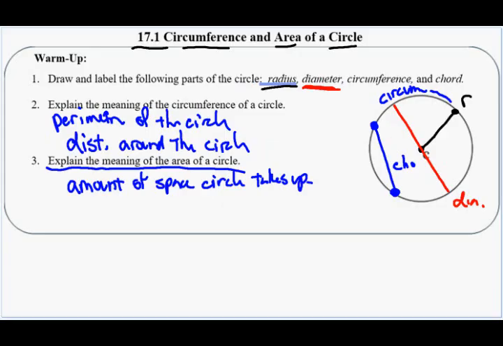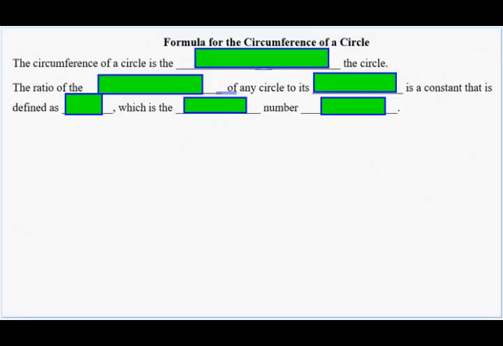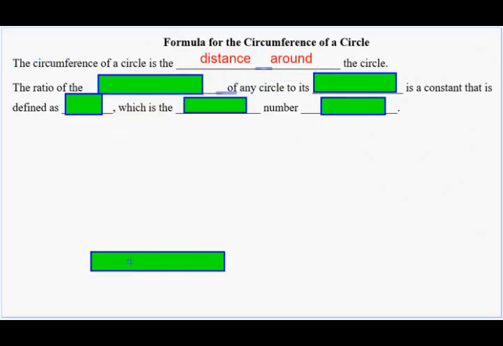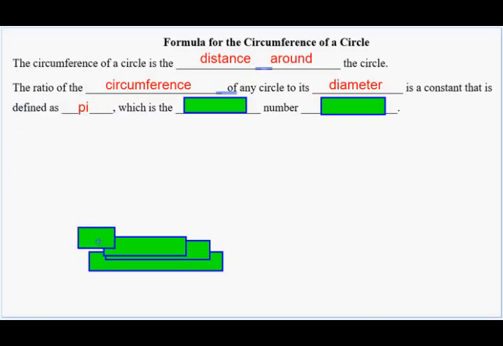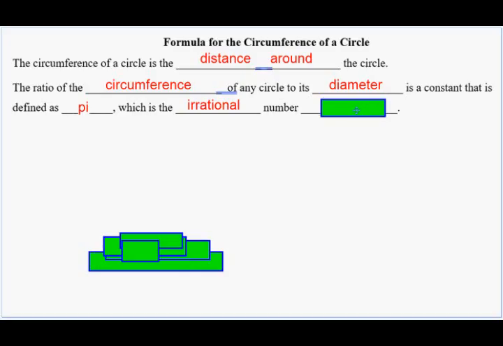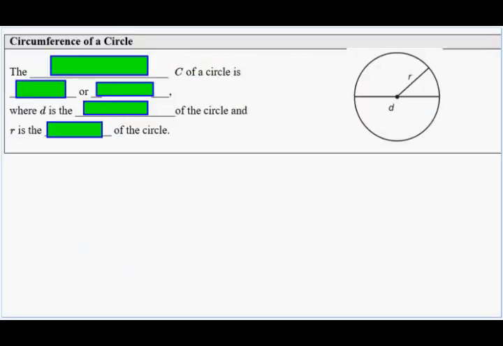Let's dive into today's. Some fill in the blank for your notes. The circumference of a circle is the distance around the circle. The ratio of the circumference of any circle to its diameter is a constant defined as pi, which is the irrational number 3.14159... And that brings us to our definition for the circumference of a circle.